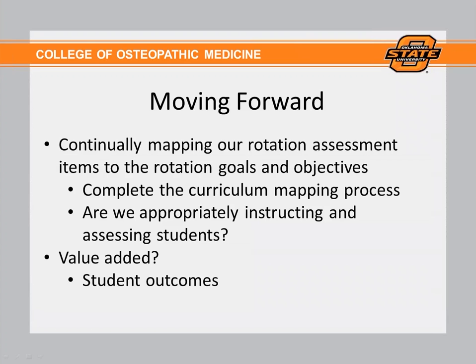And the last note is kind of the most important note to all of this: we want to make sure this process is adding value to our student outcomes. So in our department, our goal in supporting our school's mission is to improve student outcomes. That's the bottom line for anything that we do in our classrooms here or in our clerkships.